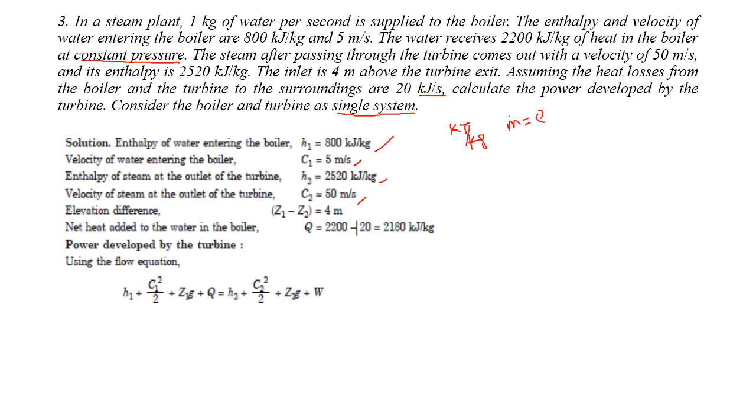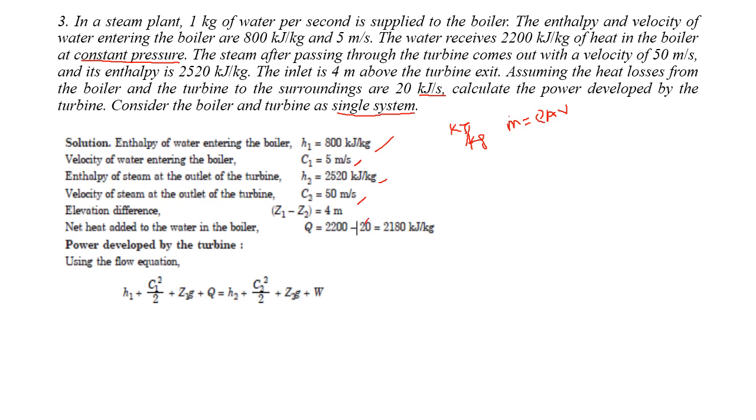By rho A V. Is there any velocity value given? Is there any density value or area value? No, right? Since no such data is given here, there is a typing mistake in the question. So 20 kilojoule per second is unlikely. We cannot find out any data here.